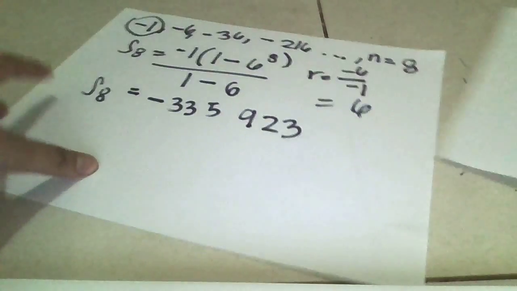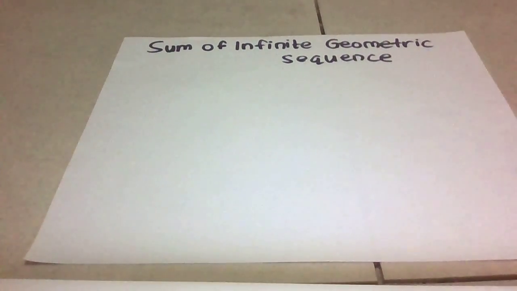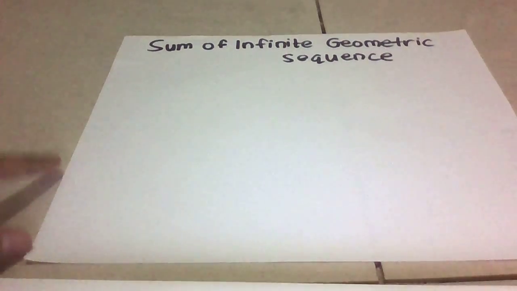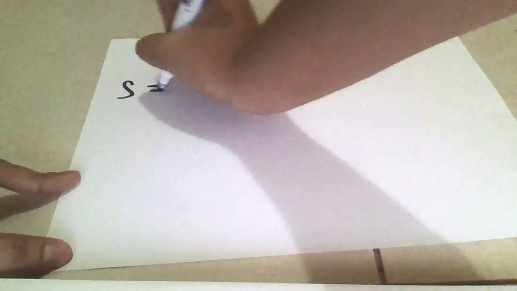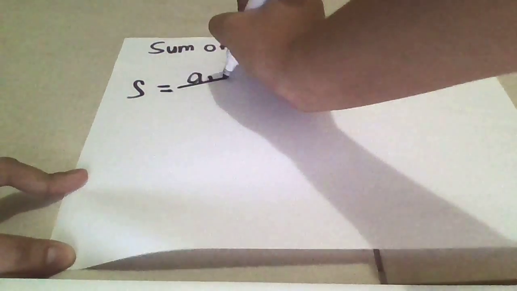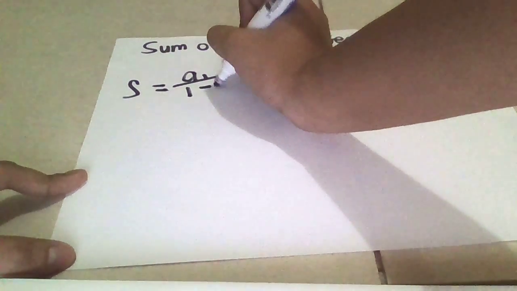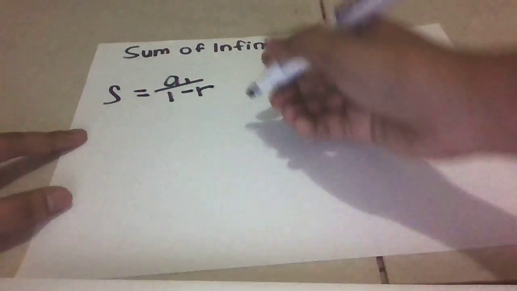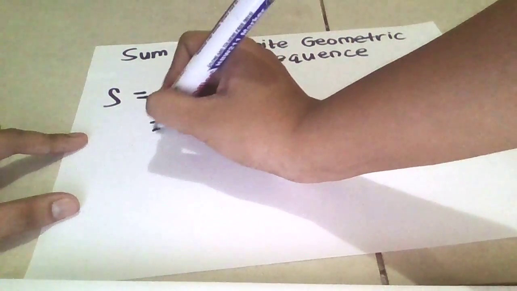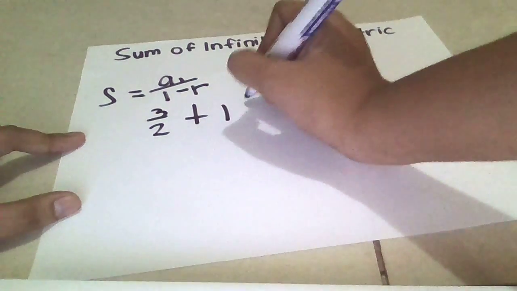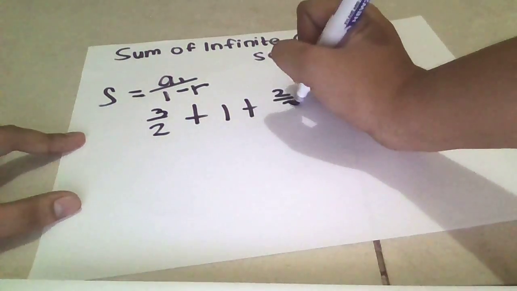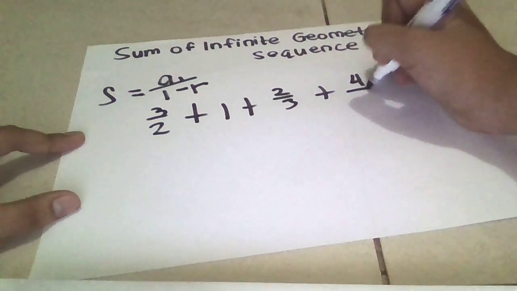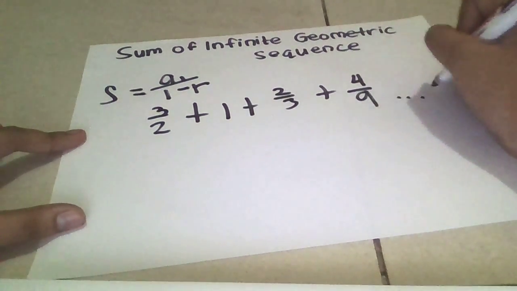Next is the sum of an infinite geometric sequence. So the formula here is S equals a sub 1 over 1 minus r. So an example is 3/2 plus 1 plus 2/3 plus 4/9.